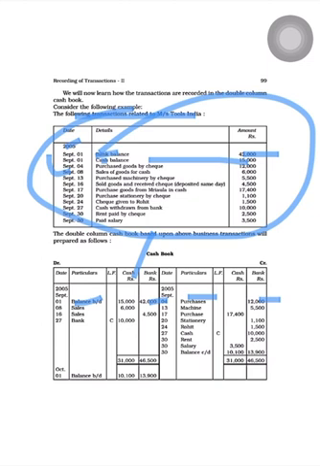Then, sale of goods for cash: it is a receipt, and for cash, so it will be mentioned in the cash column. Next, machinery purchased by check: it is a payment, shown on the credit side as by machinery, and since it was purchased by check, the amount is written in the bank column.